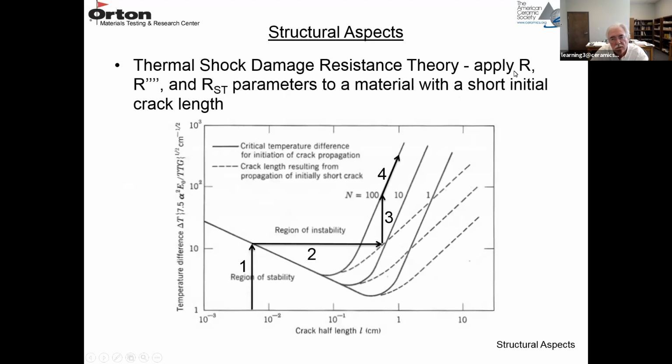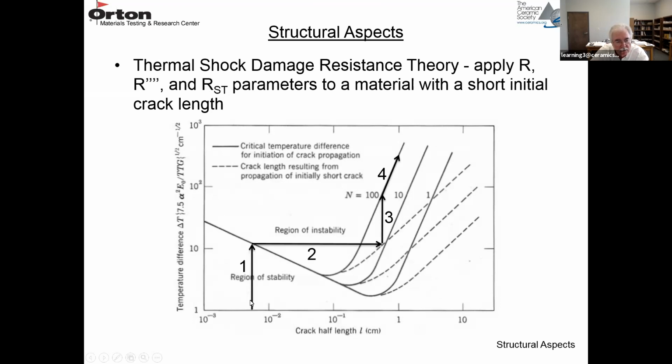So let's apply R4 prime and RST to a material with a short crack length and see how it behaves. So again, delta T versus crack length. Let's say we have a crack of this length, somewhat lower than 10 to the minus 2 centimeters.